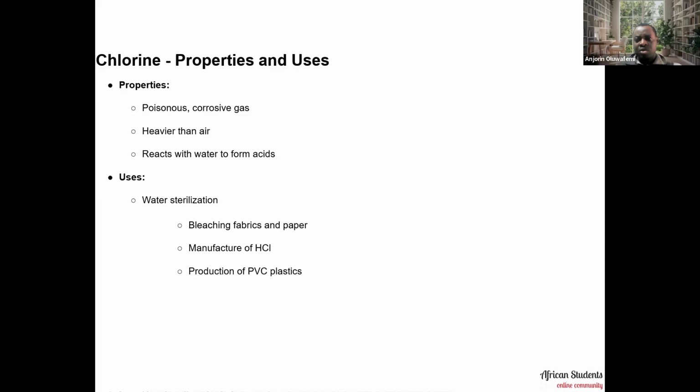In some homes, you actually use PVC plastics to do the inner part of the roof, so instead of using asbestos or whatever, you can use the PVC plastic. So chlorine is used in the production of PVC plastics, and that's that.